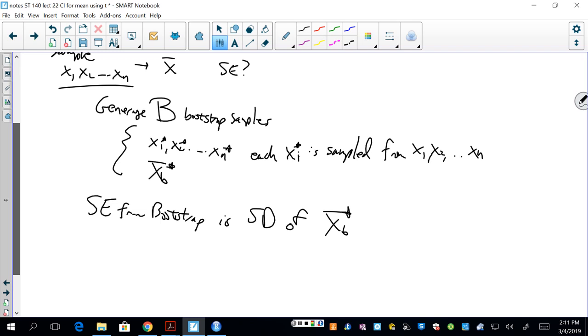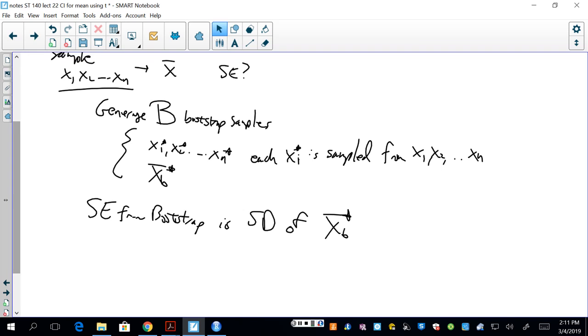As if you could do repeated sampling and get a bunch of x bars and look at their actual standard deviation. We do this little bootstrap modification to try and get at that. So it becomes a simulation-based way of getting at the standard deviations. So let's look. Some computer code is given on the second page of the handout, and we'll step through that as an example.